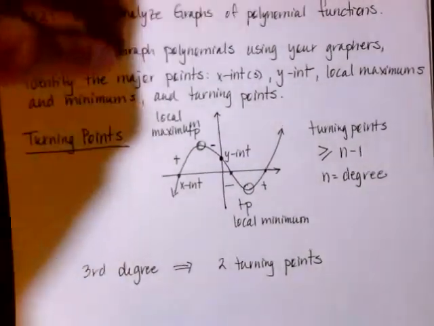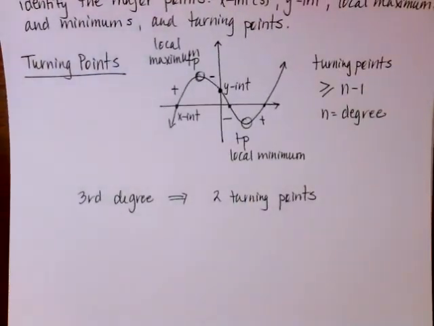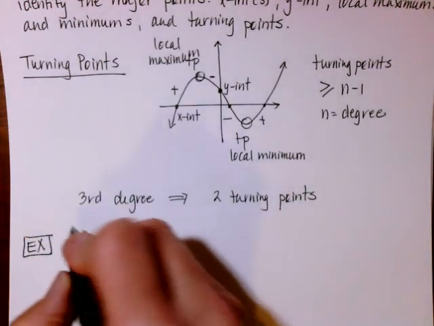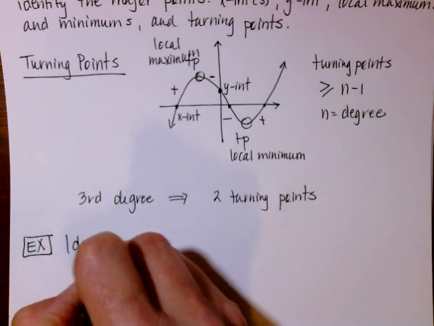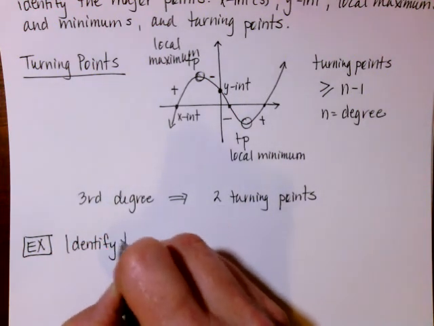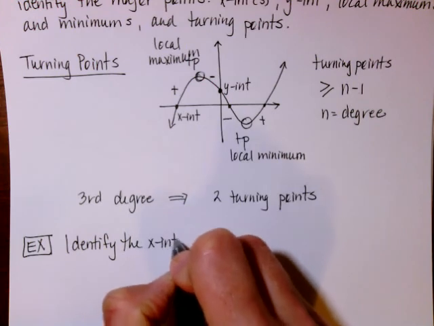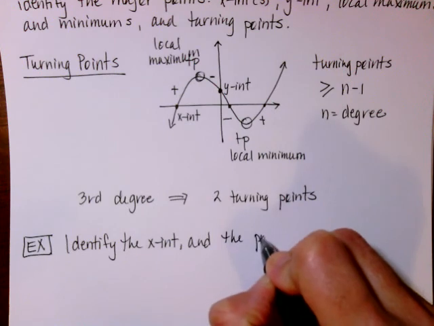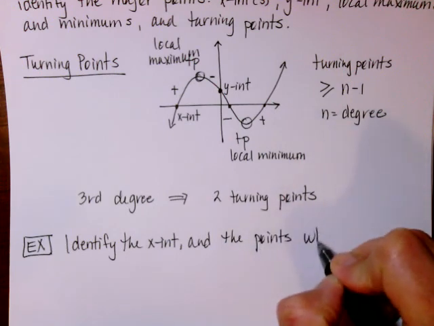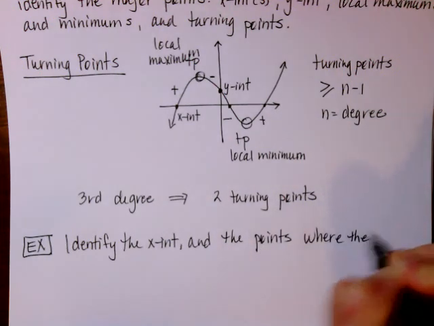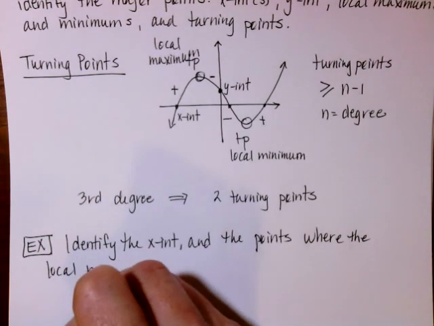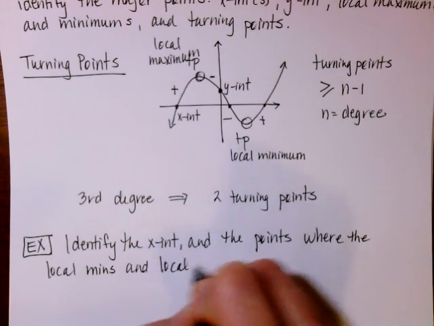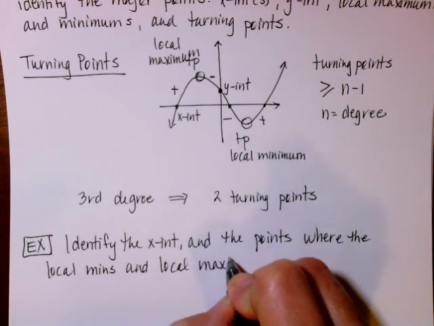Alright, so tonight's video is relatively short, but we do have some graphing to do on your grapher. Alright, so here's our first example. We want to identify the x-intercepts, okay, and the points where the local minimums and local maximums occur.